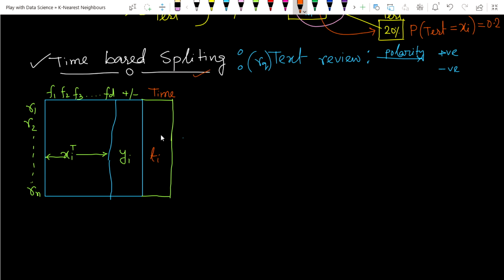If for a data we have a timestamp corresponding to each data point, then time based splitting is always better than random splitting. Okay, so in short, everywhere I am calling TBS, don't be confused, TBS means time based splitting.